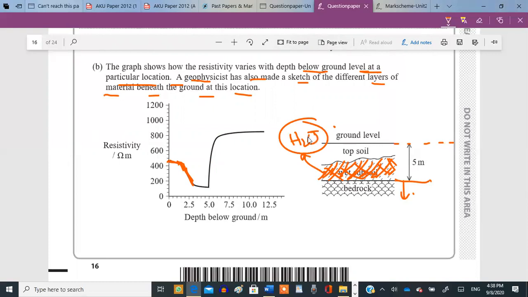Resistivity is a property of the material which is related to the resistance of the material. So this part will have a lesser resistance. Then as we go beneath the wet soil, in the bedrock resistivity increases sharply and then becomes constant at a higher value than the original.